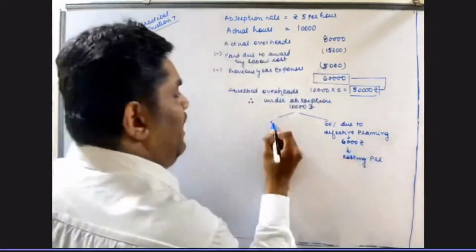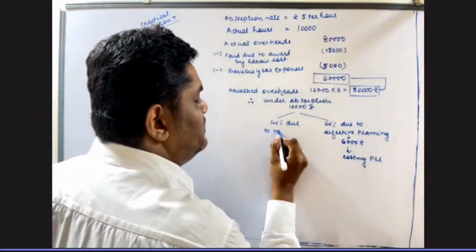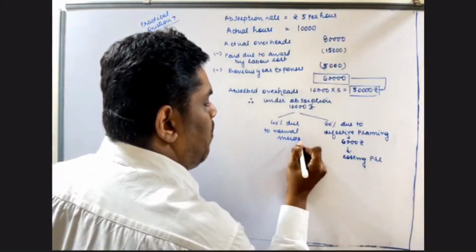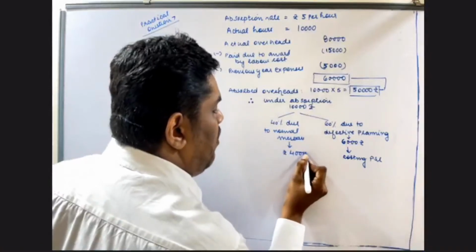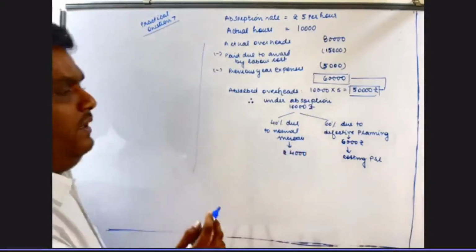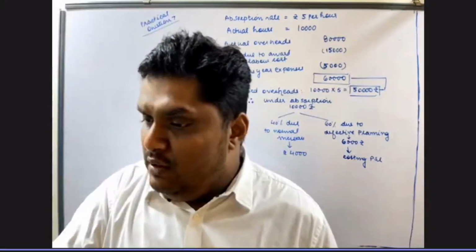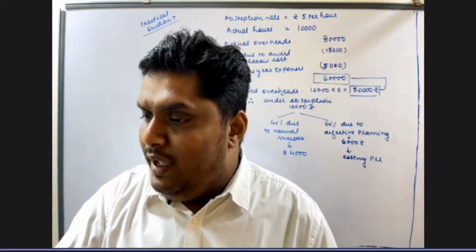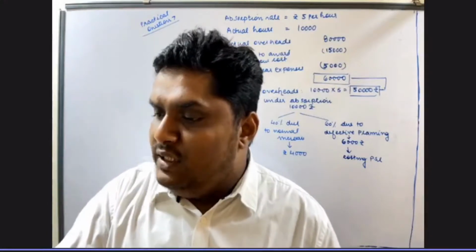And 40% due to normal reasons, normal increase, that is rupees 4,000. We'll calculate the supplementary rate. Further, it is given in the question that actual production was 40,000 units, out of which 30,000 units were sold.